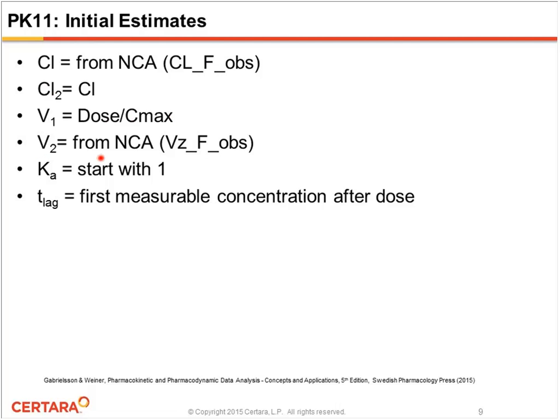For the peripheral compartment, we take Vz/F obs from the NCA. Ka should vary around 1, so we start with a value of 1. And for Tlag, we just look at the data and see the first measurable concentration after the dose, which in this case would be 0.5 hours.